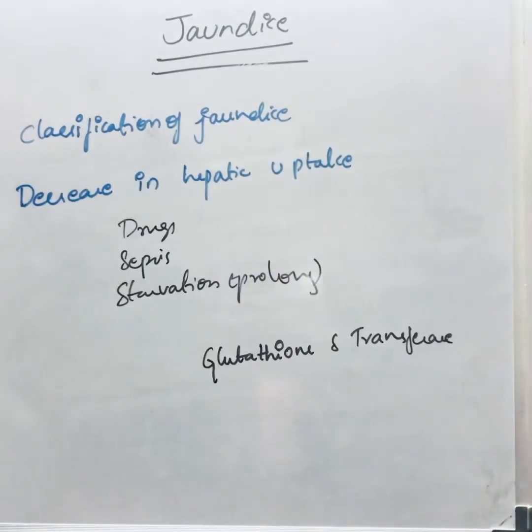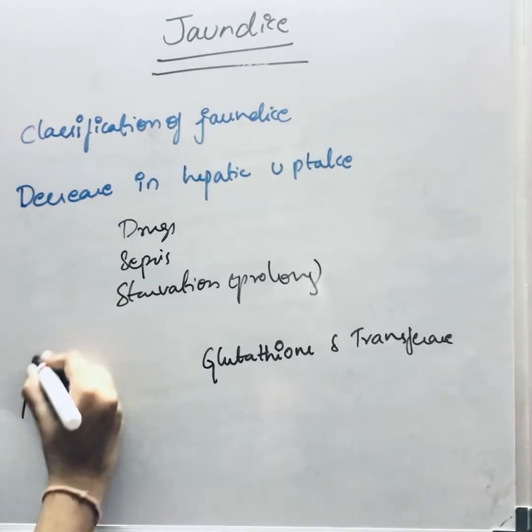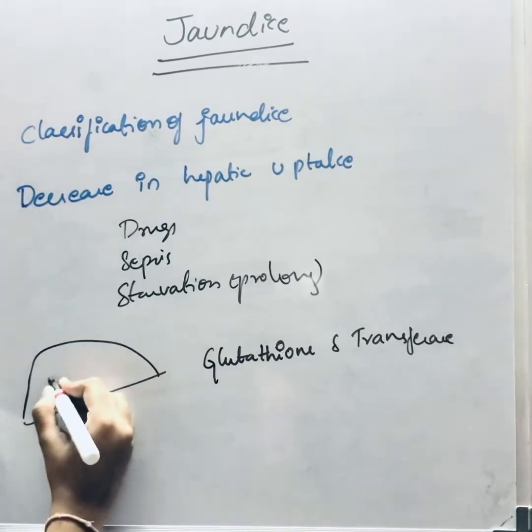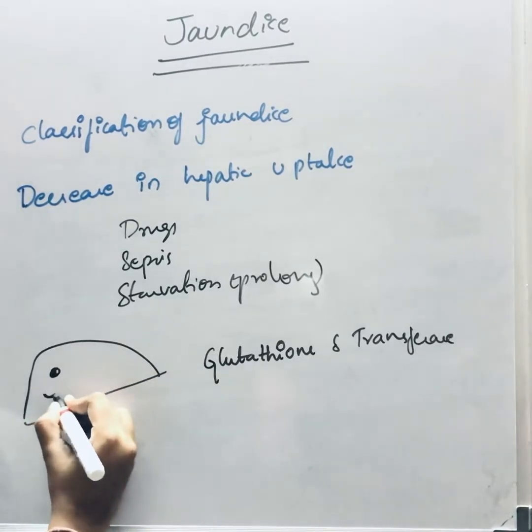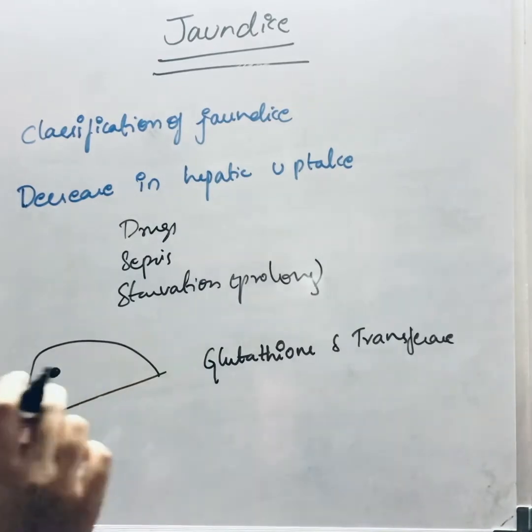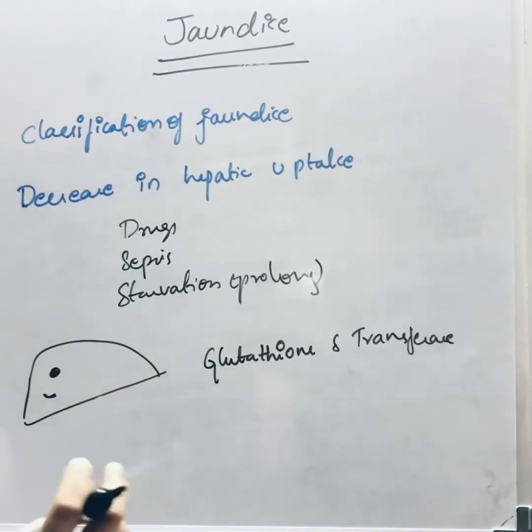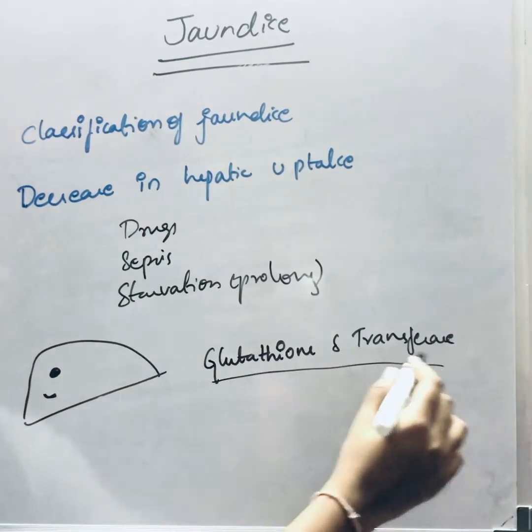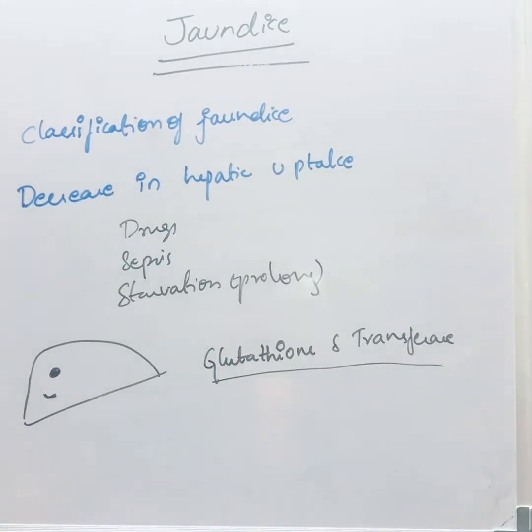Second one is the decrease in hepatic uptake. This is mostly caused by drugs, sepsis and prolonged starvation. We already know that when bilirubin enters the liver, it separates from albumin, right? This bilirubin combines with a cytoplasmic protein of the hepatocyte, that is glutathione S transferase.